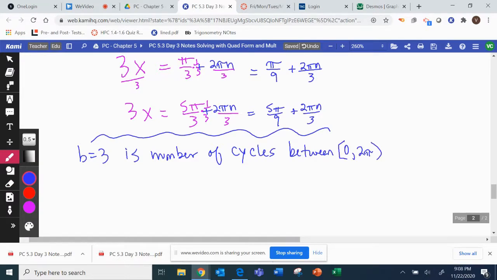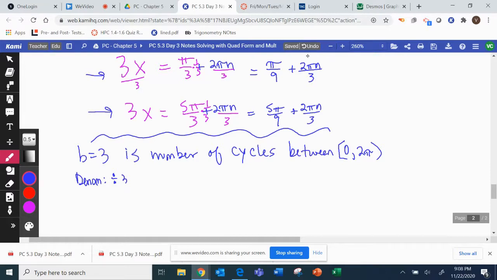And then the denominator, we divide by 3. We kind of saw that when we did the Desmos examples, and then you saw me just right here dividing by 3.